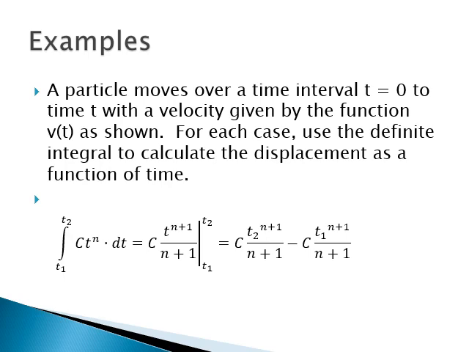Let's do some examples for practice. In each one of these, I'm going to have you assume that the object starts its displacement at time 0, and then it moves through with the given velocity function until a time later of t. In other words, you're going to try to calculate what the displacement is at some time t later if the time interval starts at 0.